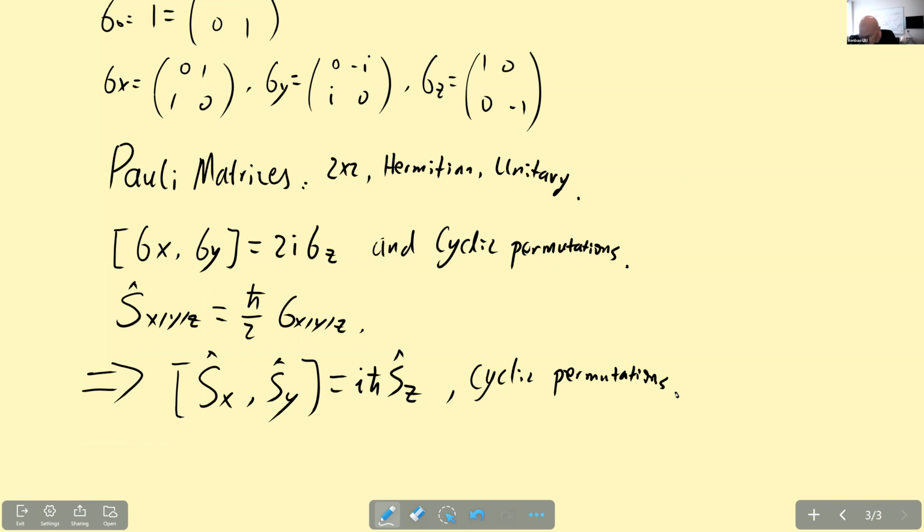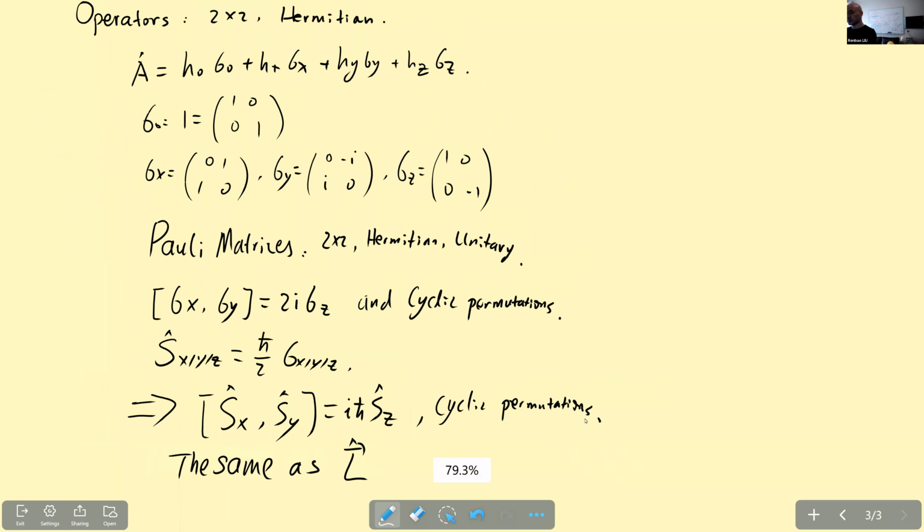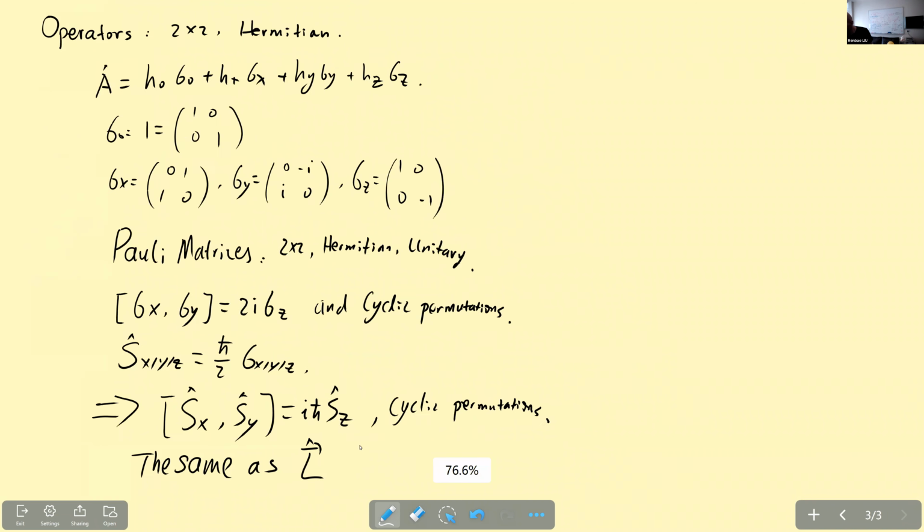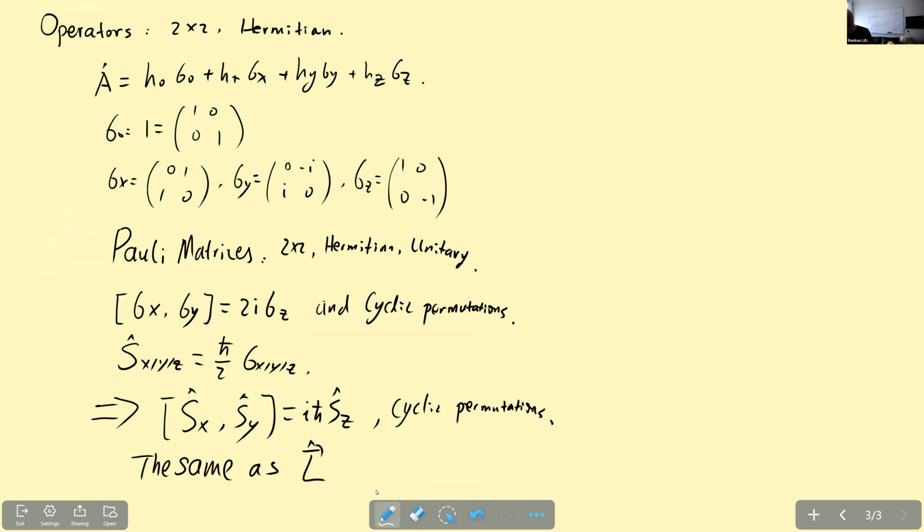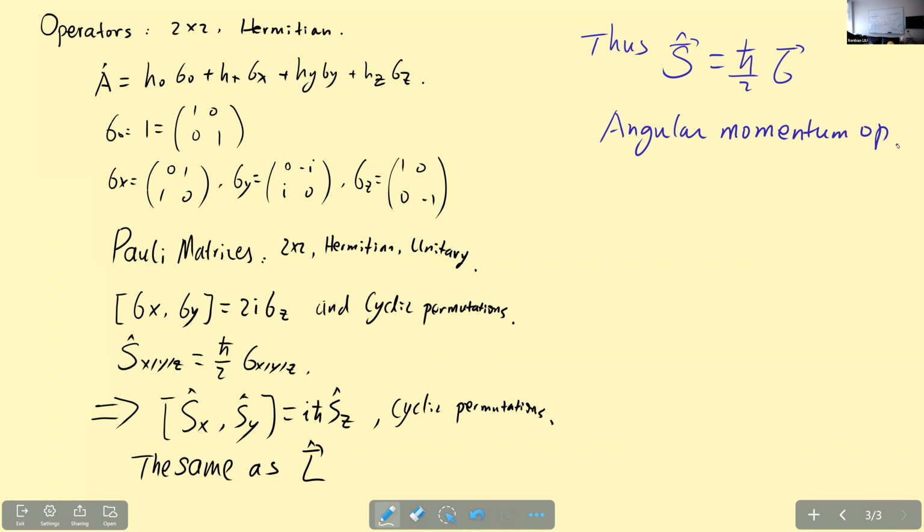So this is the same as L. That's why we can interpret this as the angular momentum operator of a spin half.